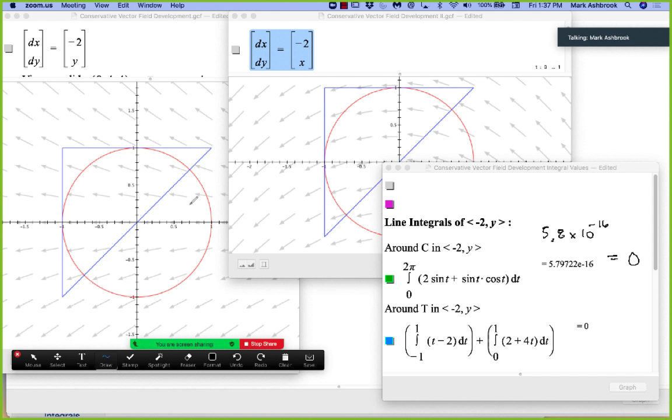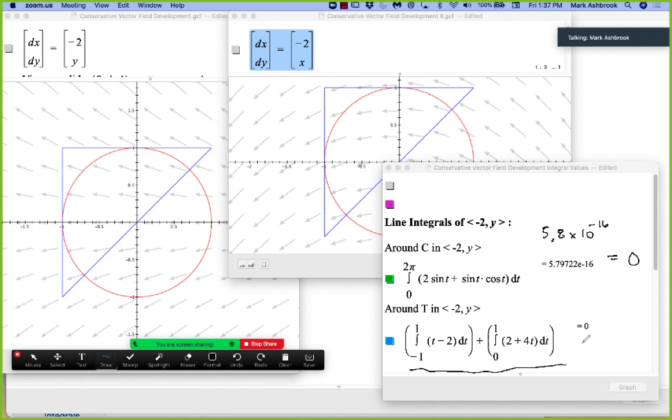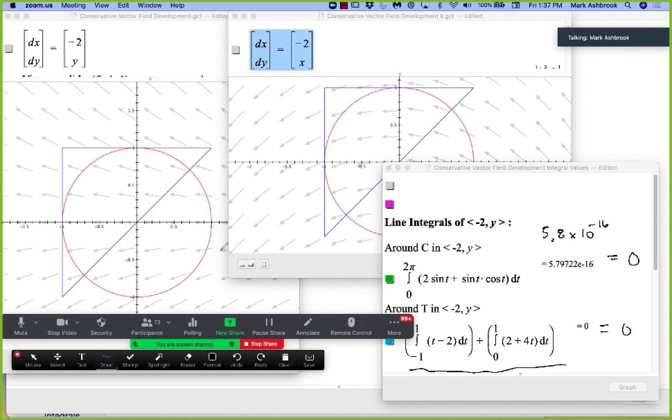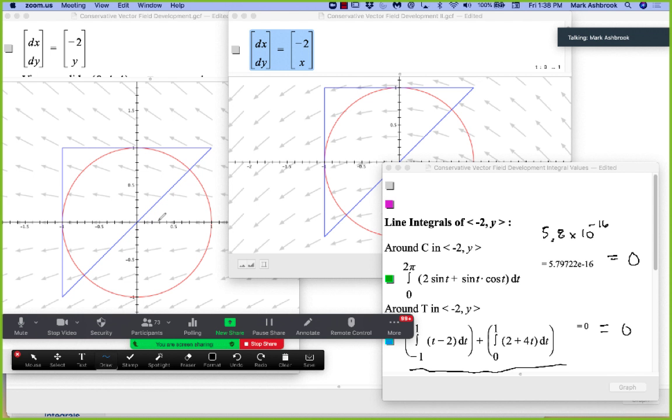Then we weren't sure about the triangle because we had the 0, the negative, and the positive. Well, it turns out when we do that integral, it is indeed 0. So both of these circulation integrals in this vector field, negative 2y, are 0. Okay, what about the others?